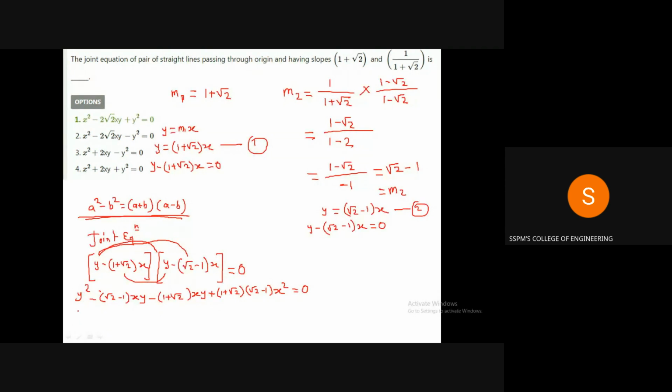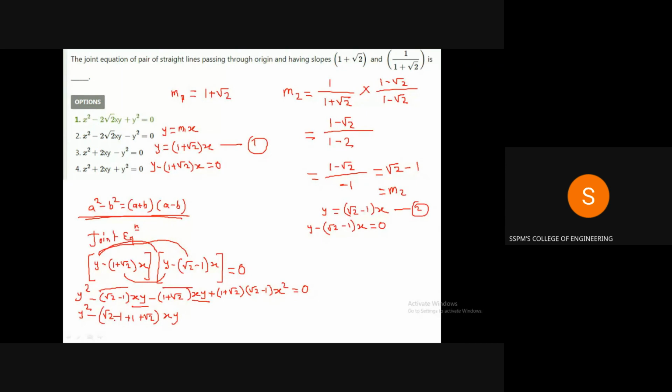Okay, so we have y square minus. See, this xy and xy are both similar terms, so we can take them common. So we have (root 2 minus 1) minus, sorry, plus (1 plus root 2), so we can take xy as common.